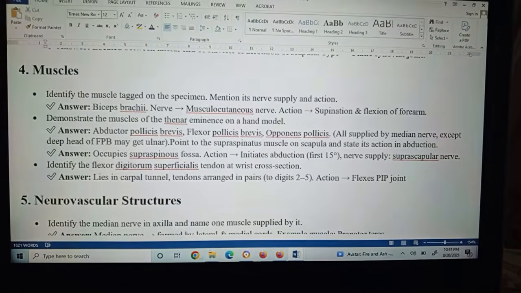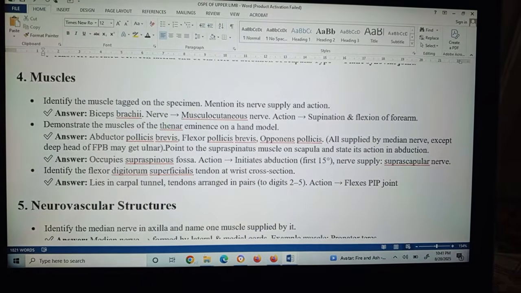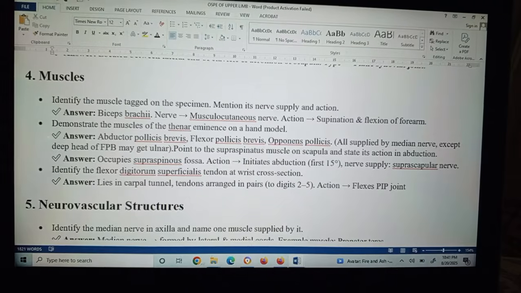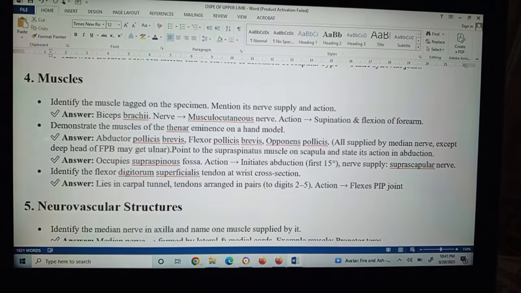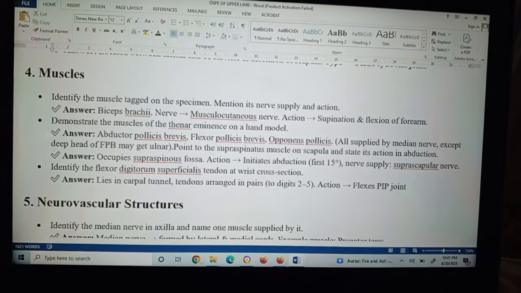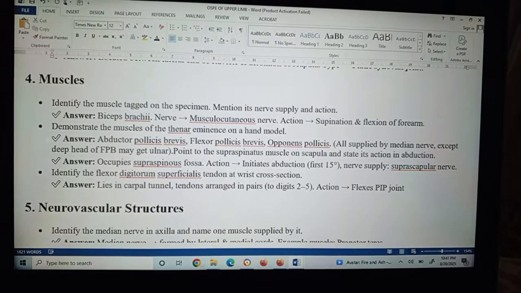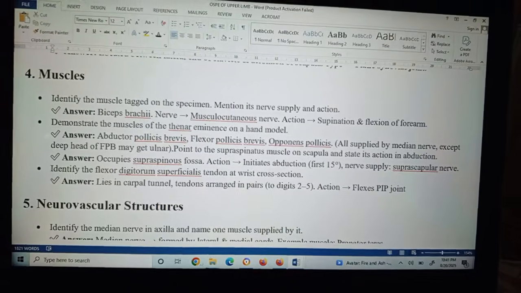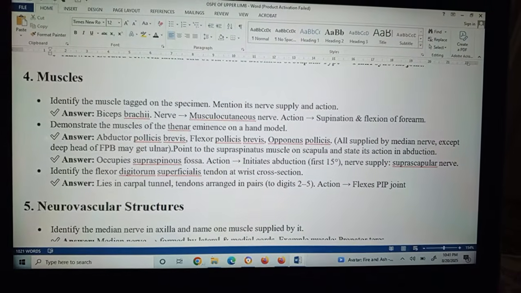So in the supraspinatus fossa, the supraspinatus muscle will be present and its action is abduction. As you very well know, from 0 to 15 degrees the supraspinatus muscle performs the abduction. It occupies the supraspinatus fossa and initiates abduction at 15 degrees, which I have already told you. It is supplied by the suprascapular nerve.